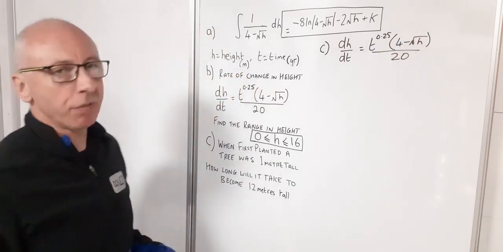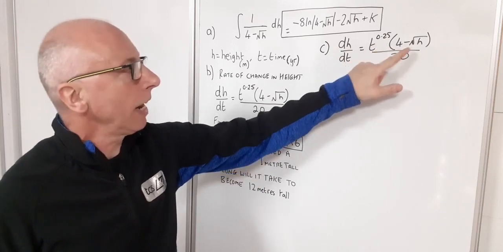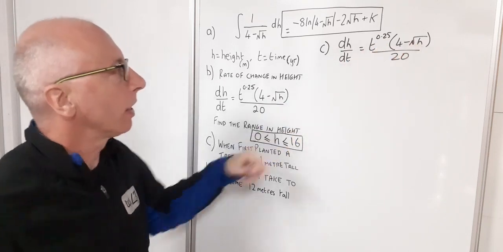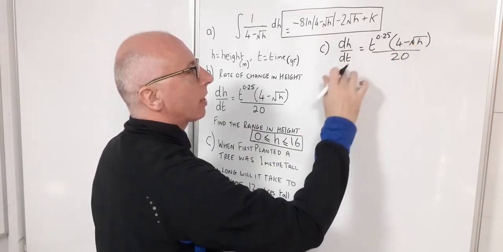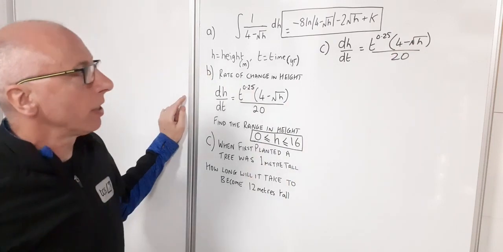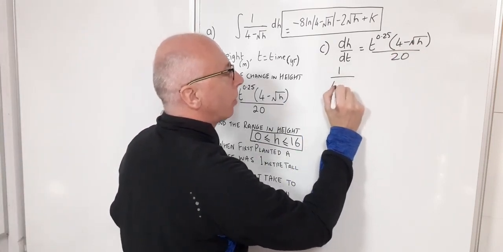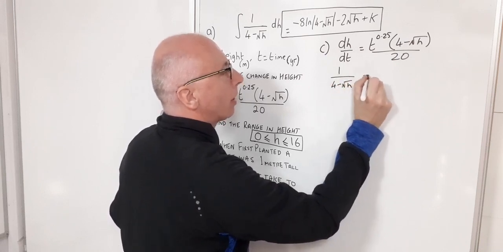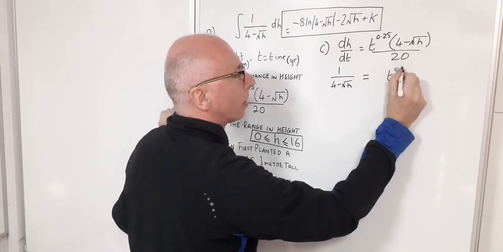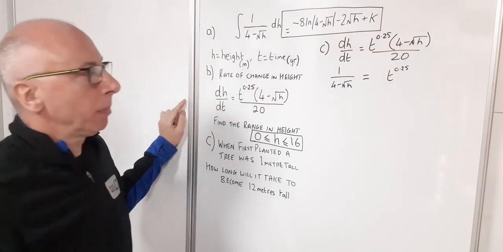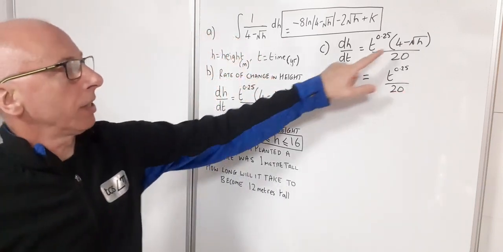So as a separable differential equation, we can bring the t onto this side with these variables, and then the h variable can come over to this side. So now let's send the dt over there and the 4 minus root h in brackets over to this side. So now we'll have 1 over 4 minus root h, then that equals t to the power of 0.25 divided by 20, and that will bring our dt over here.